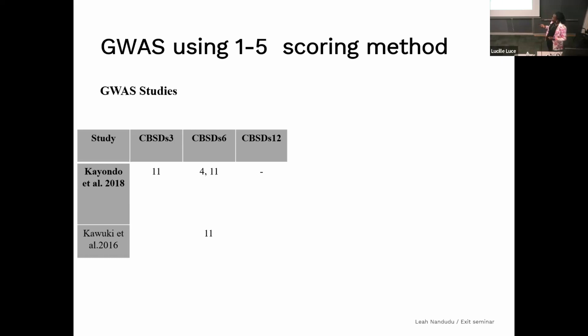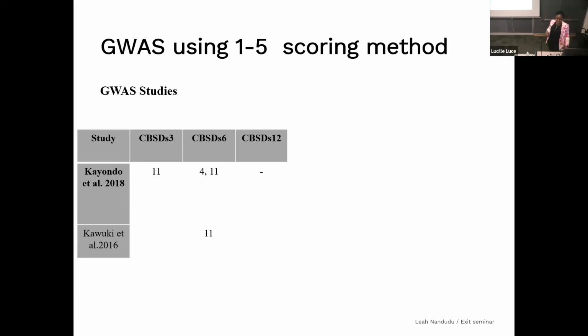So they did GWAS studies, and Kayondo found that for CBSD at 3 months, SNPs on chromosome 11 were associated to CBSD at 3 months after planting, while at 6 months after planting, we only had SNPs on chromosome 4 and chromosome 11. No associations were discovered with the CBSD at 12 months after planting. That's on the root. The same thing was observed with Kawuchi, that he only picked out, for CBSD at 6 months after planting, SNPs on chromosome 11.